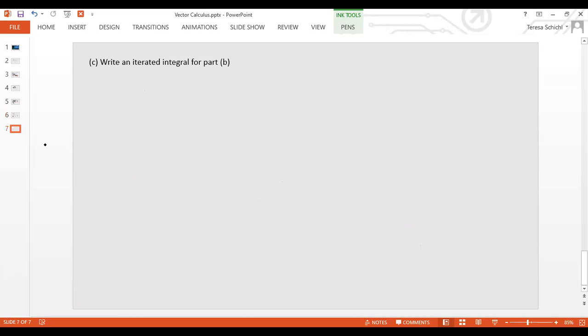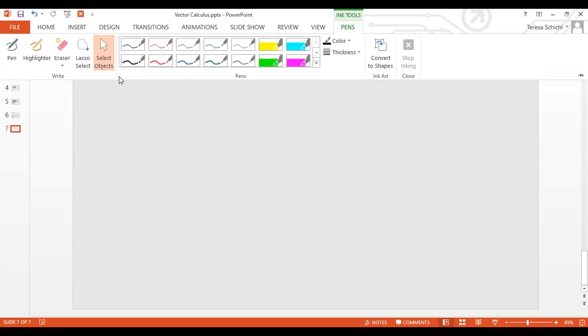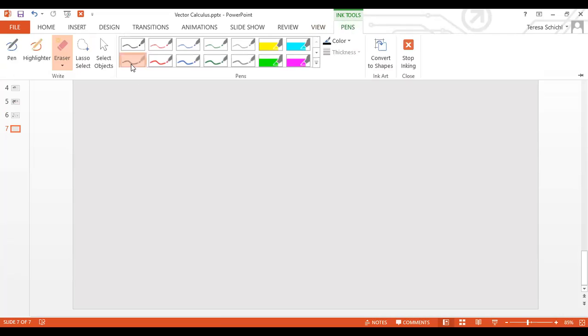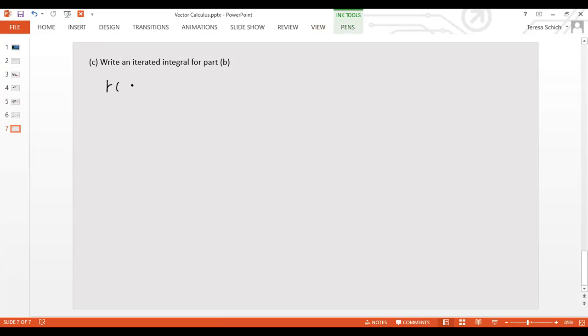Okay, so now let's try to write it. A while ago we already did this. So my parameterization, R, is going to be what? My R is going to be sine u cosine v, sine u sine v, cosine u.